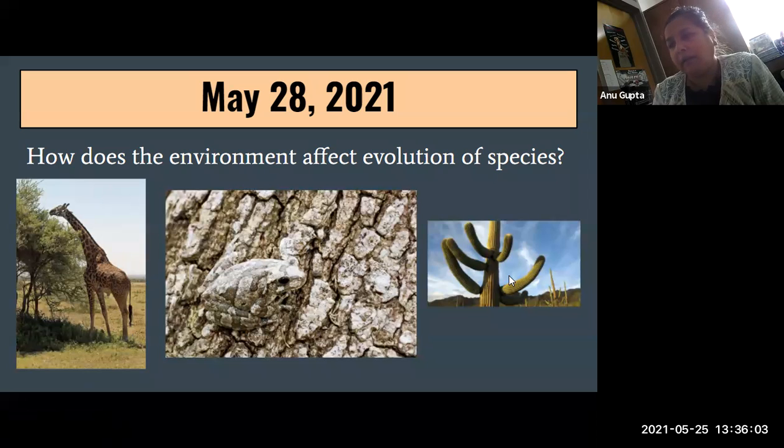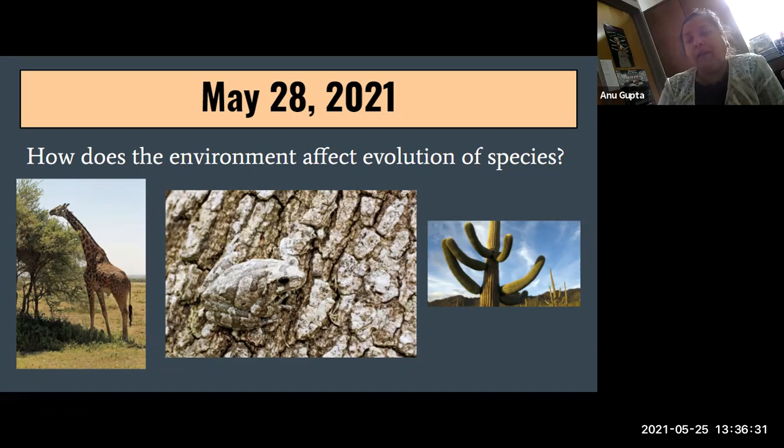And this is the cactus that has thick succulent leaves and stem, in the desert environment. So how does the environment affect the evolution of the species? Think about it and let me know. Feel free to chat, guys, call out.